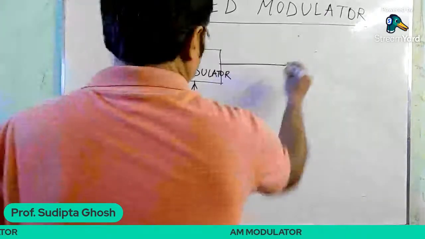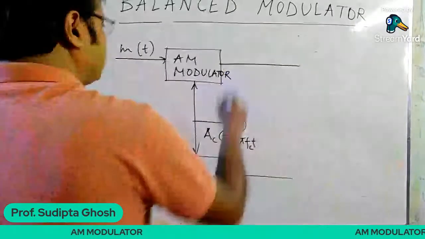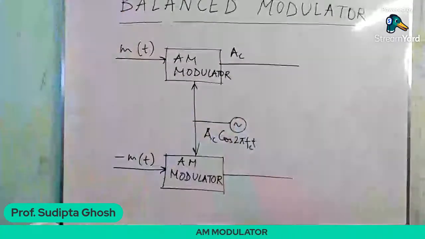So what will be the output waveforms? The input is Ac cos 2 pi fc t plus m(t).